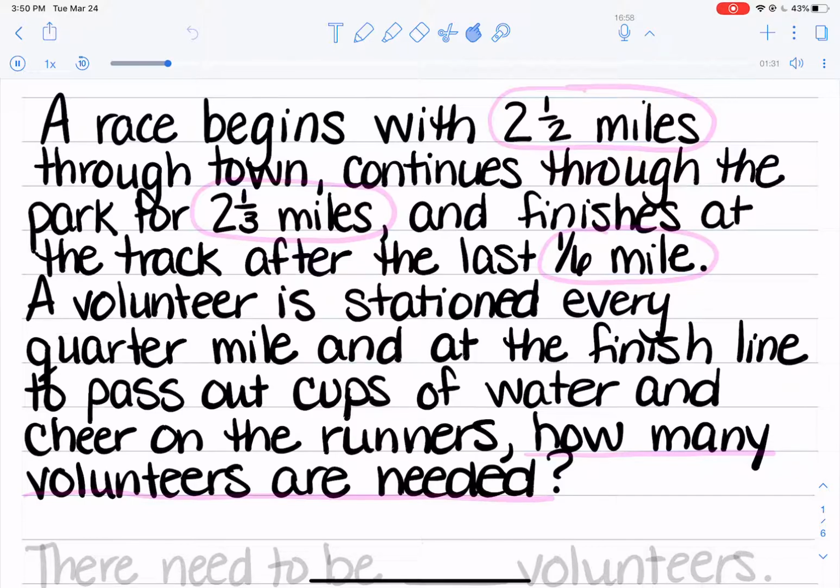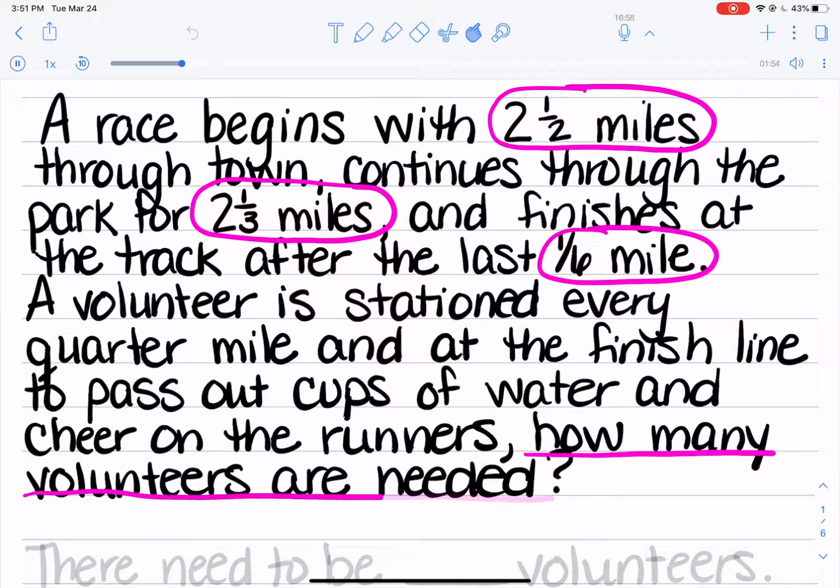Okay, so let's redraw right here. So we know we have 2 1/2 miles through town, 2 1/3 miles, last 1/6 of a mile. So our question is, how many volunteers are needed?